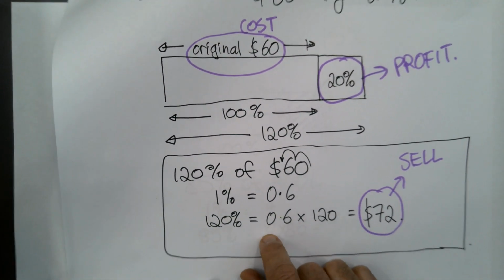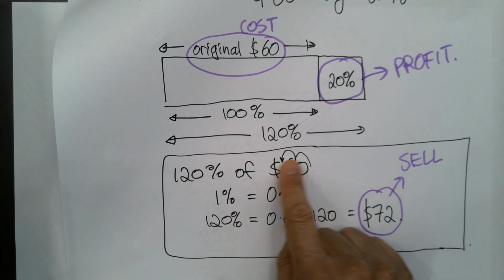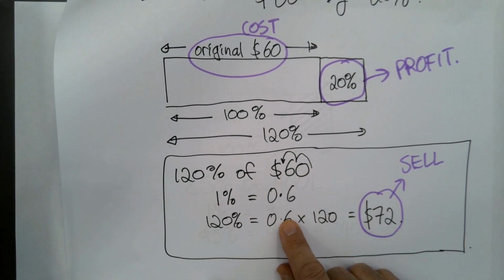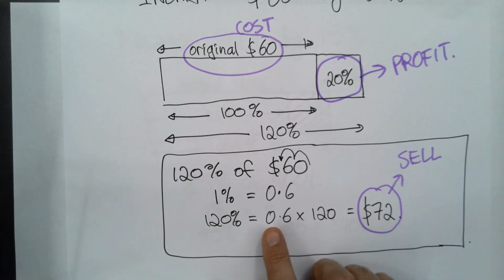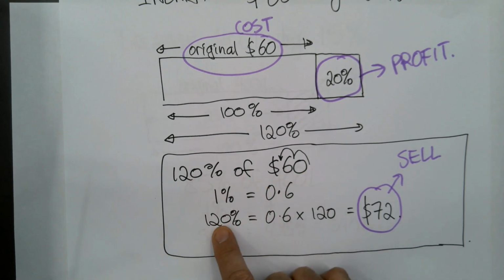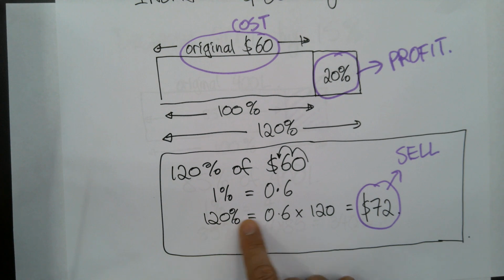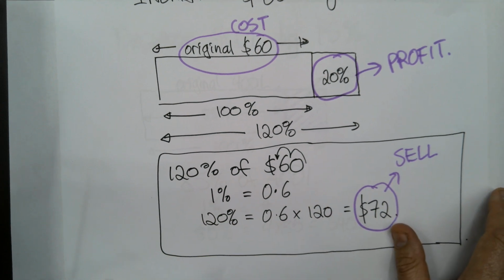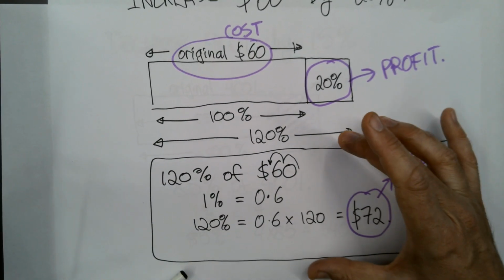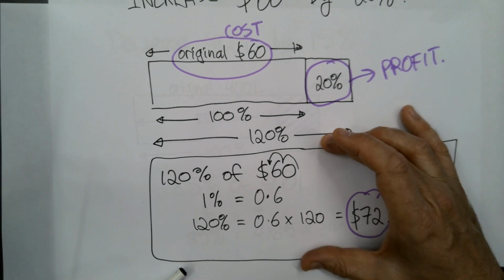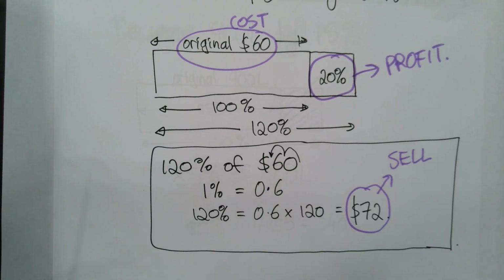But the actual maths of how you figure out the percentage does not change. Okay, if you're going to go with this 1% idea, you have to do the same thing. 1% is that, and then I just need 120 of those, done. Okay, so keep that in mind. This bit here is the same no matter what you're doing. It's the same procedure. All right, go and do it.